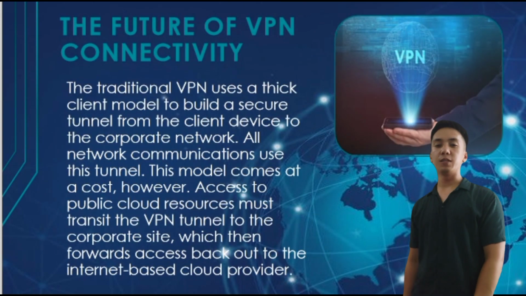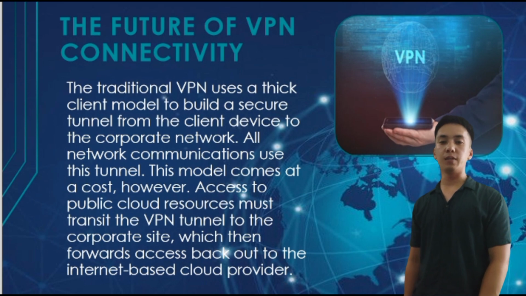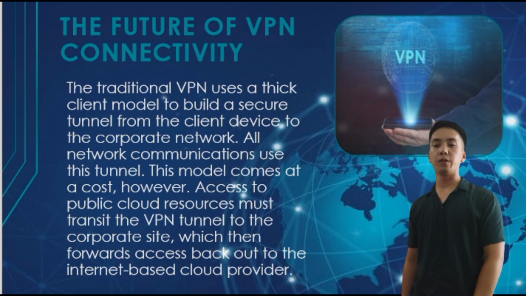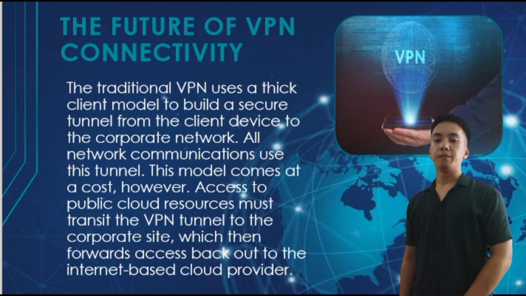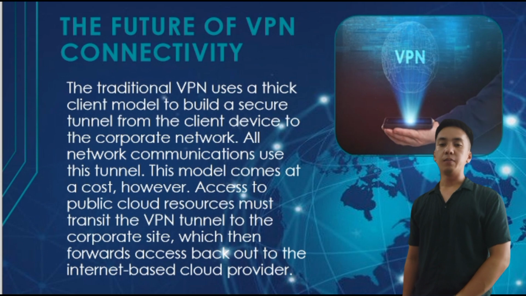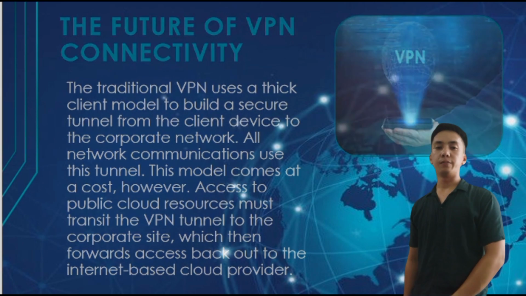The traditional VPN uses a thick client model to build a secure tunnel from the client device to the corporate network. All network communications use this tunnel. This model comes at a cost. Access to public cloud resources must transit the VPN tunnel to the corporate site, which then forwards access back out to the internet-based cloud provider.